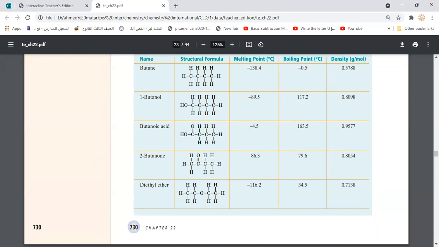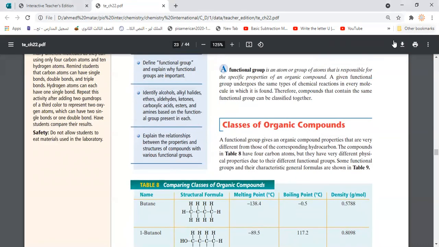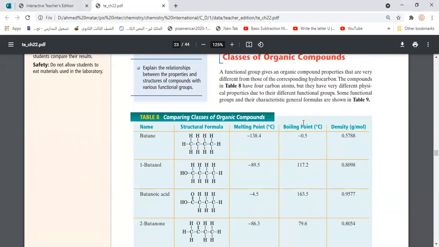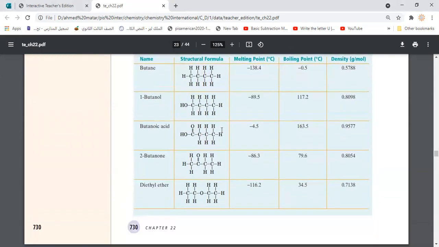So we find that the functional group is one atom or a group of atoms that is responsible for specific properties or characteristics of an organic compound. Each compound that contains this functional group will have a certain behavior during chemical reactions. So we classify them into categories.